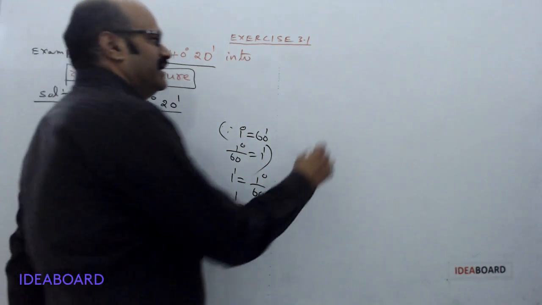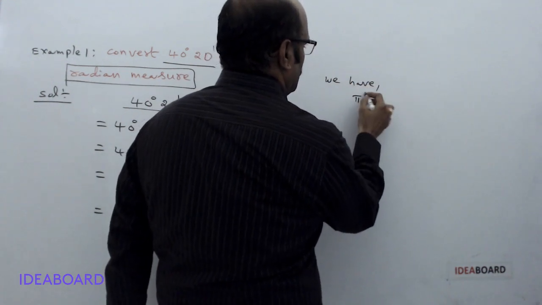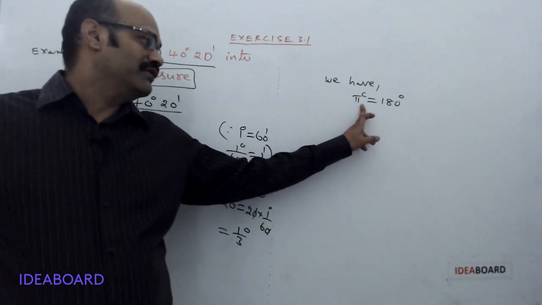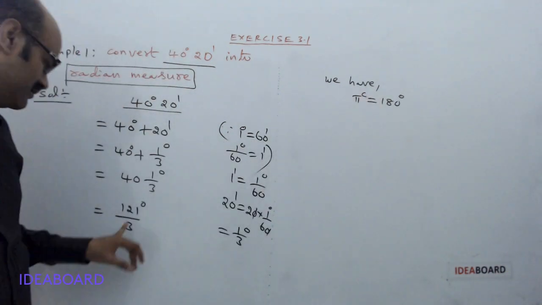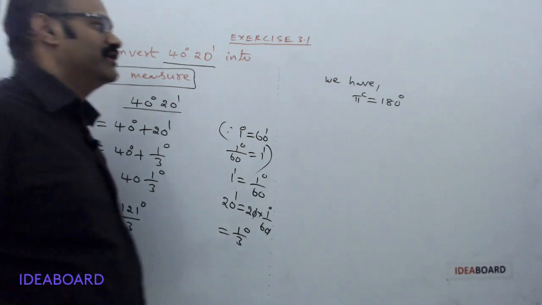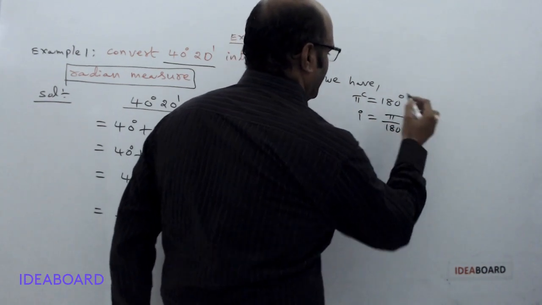Now here we should write degrees into radian measure. We know that pi radians equal to 180 degrees. Now here we should write degrees into radians. So here we have to take 1 degree equal to pi by 180 radians.